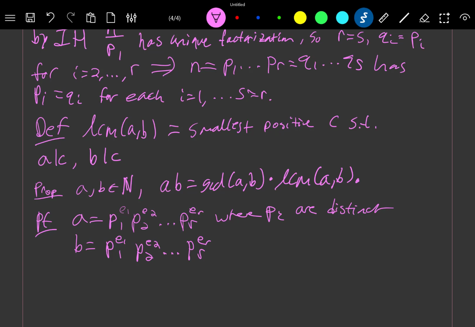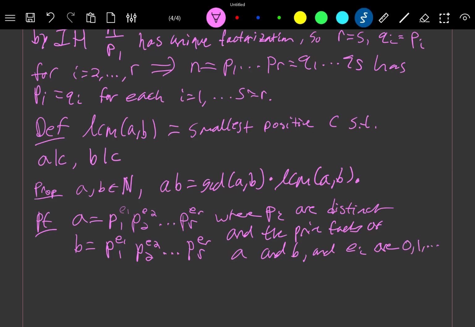So the Pi are distinct, and they are the prime factors of A and B. And the Ei are 0, 1, and so on.